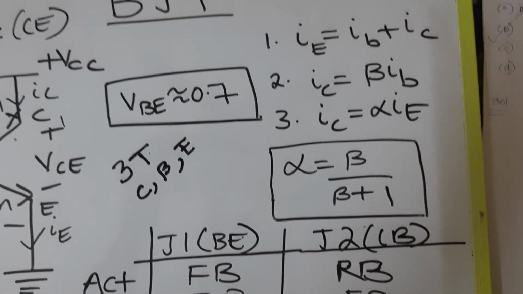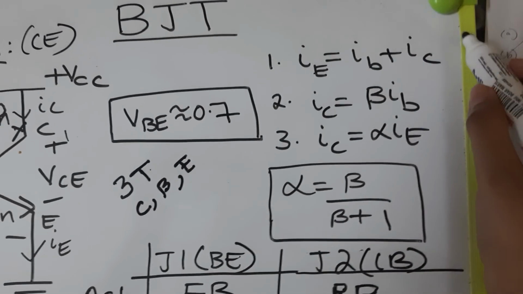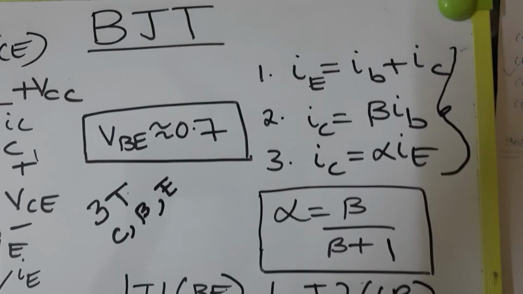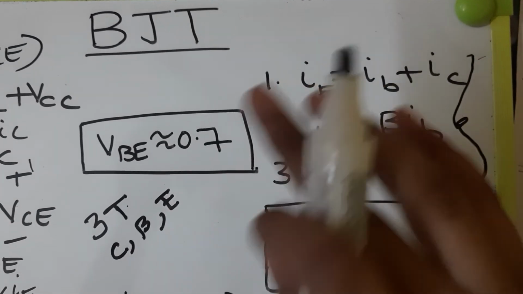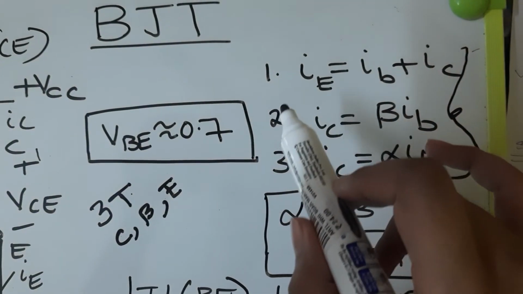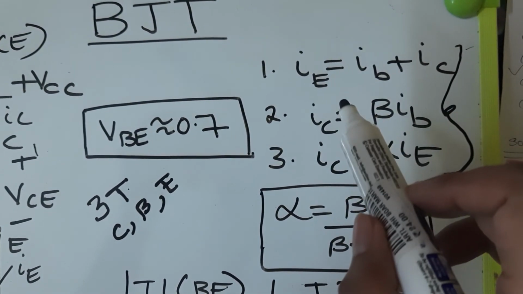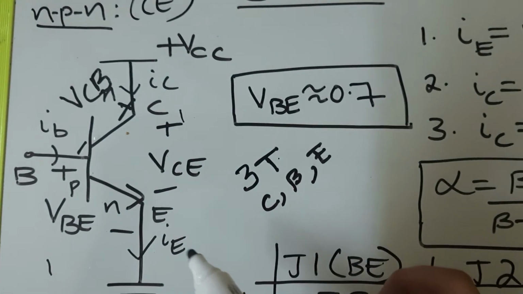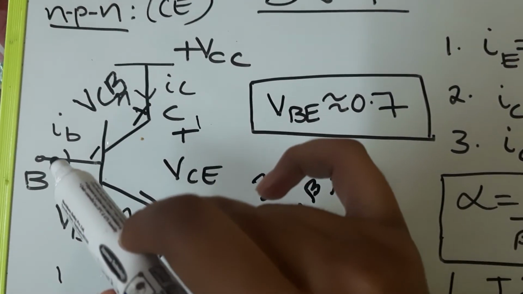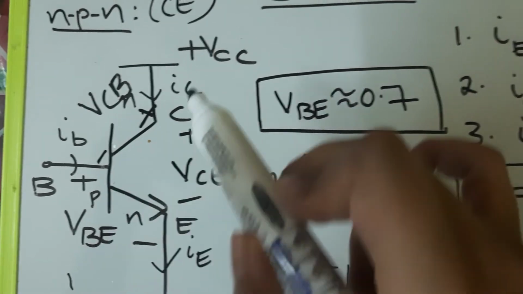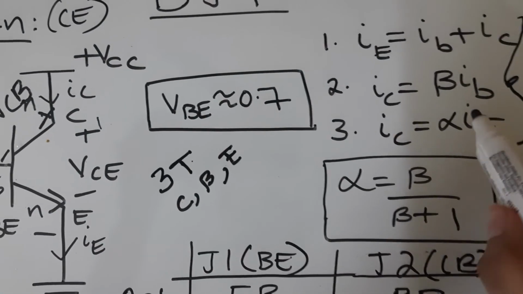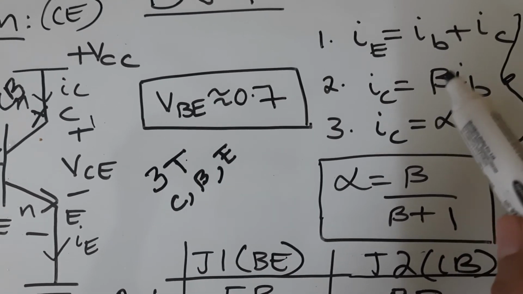Now, the three basic principles which never change irrespective of the type of the transistor are here. IE, the emitter current, will always be equal to IB plus IC. You see here IE is equal to IB, which is the incoming current, plus IC. IC is equal to beta IB.